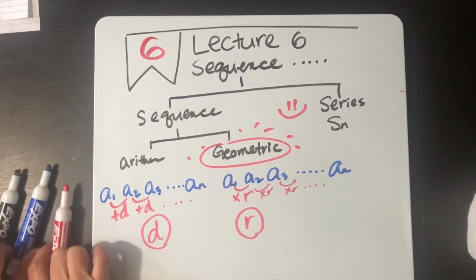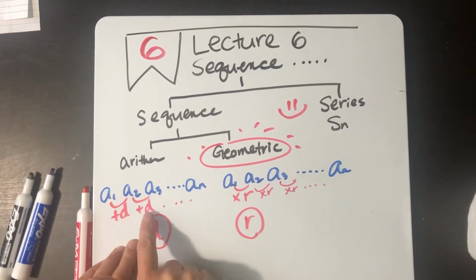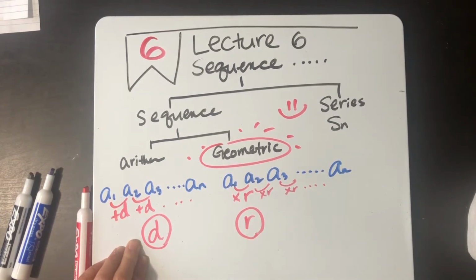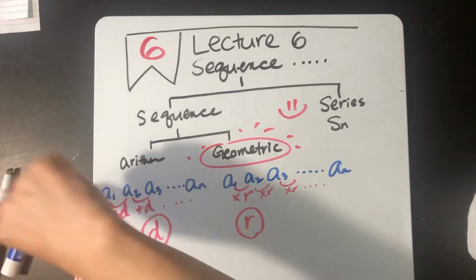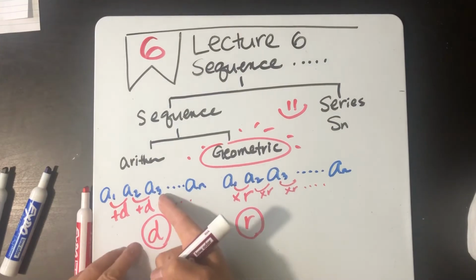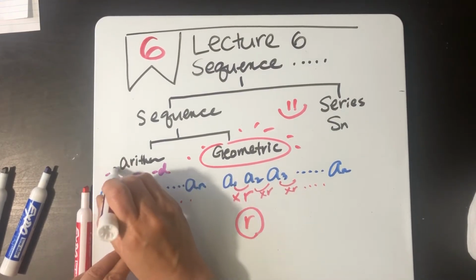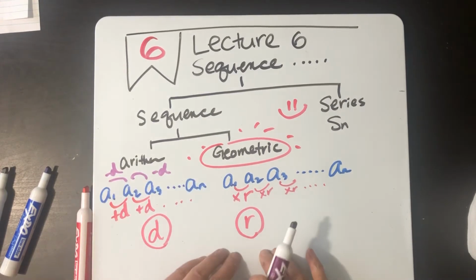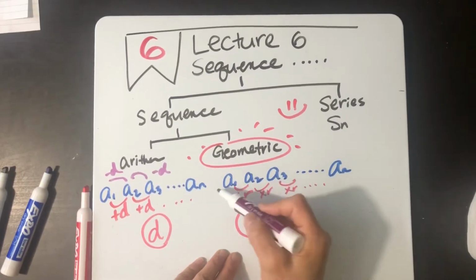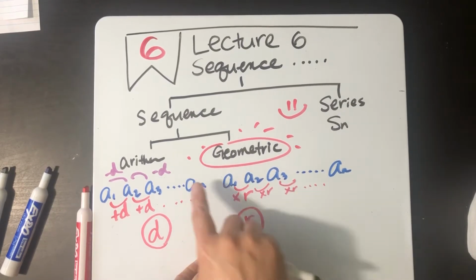Now, we know how to find A3 from A2. You just add D. But we can find the other way around too, backward. How? Well, from A3 we can find A2 by subtracting D. So just like that, we can find backward. Like forward, we times R. But backward, what do we do?